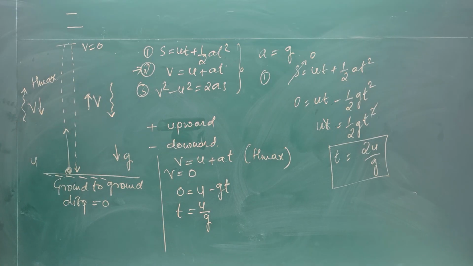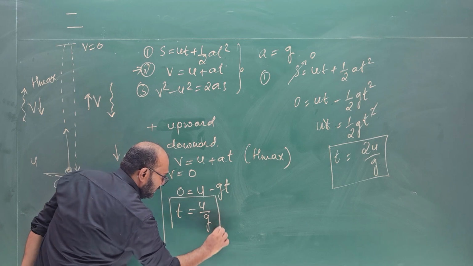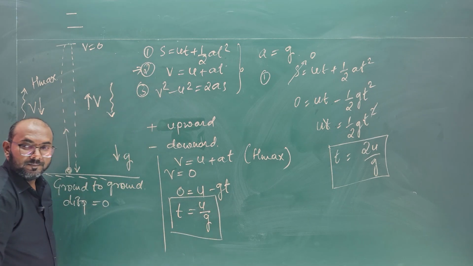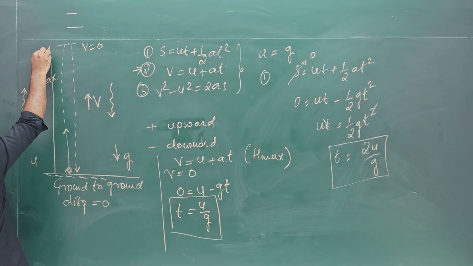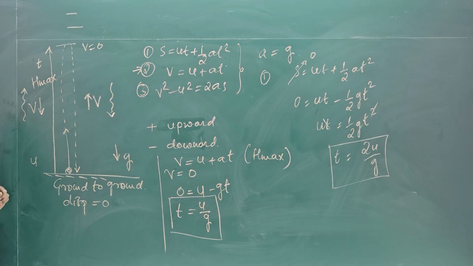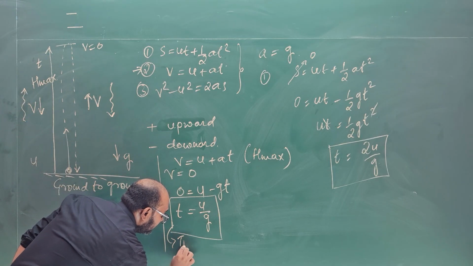Achha. Whenever initial velocity and g are there, if we are calculating the time, how is the object going? The object is going in the upward direction and we are calculating the time period in this direction. This is your t. Why? U is there, so initial velocity, and we are calculating time, then it is called the time of ascent.